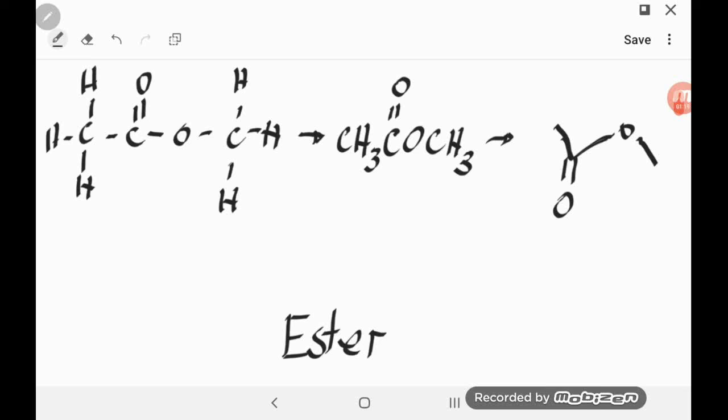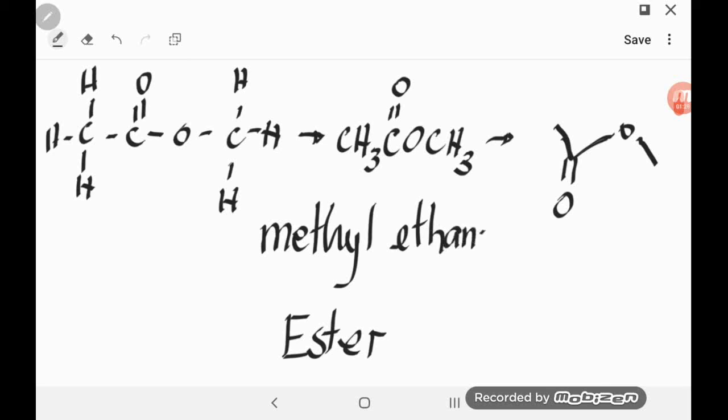This ester is commonly called methyl ethanoate. Esters are used as synthetic flavors, perfumes, and cosmetics. The next one is the ether.